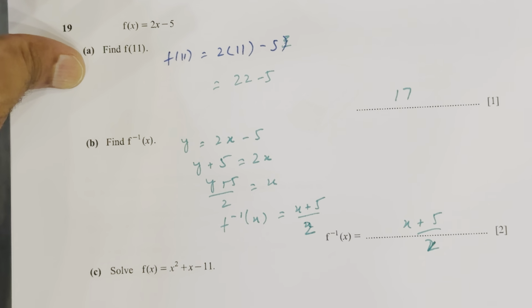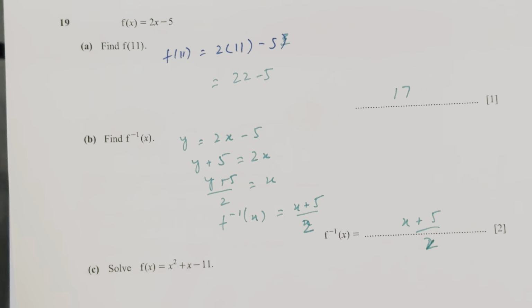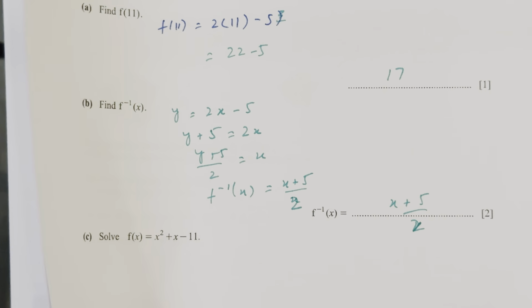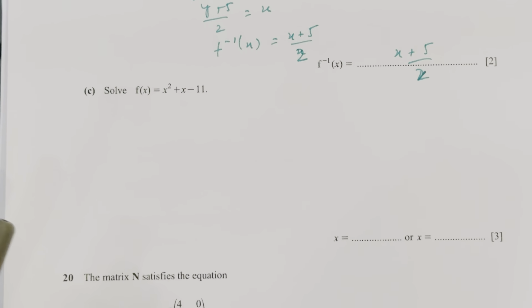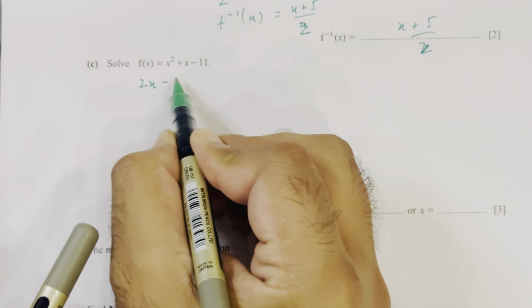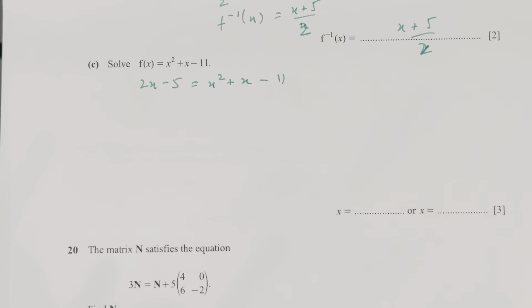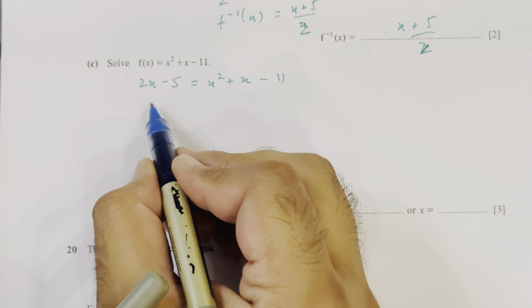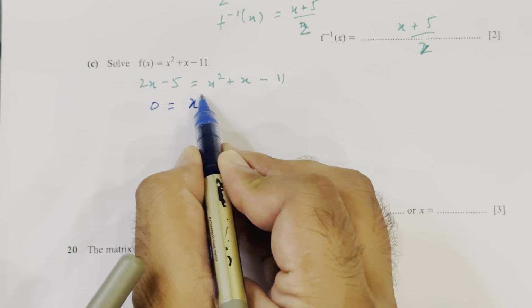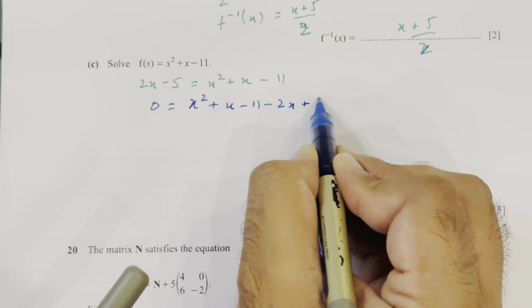Moving to part C, solve f of x equal to x squared plus x minus 11. We know f of x is equal to x minus 5. It is equal to x squared plus x minus 11. Now 0 is equal to x squared plus x minus 11, then minus 2x and plus 5.